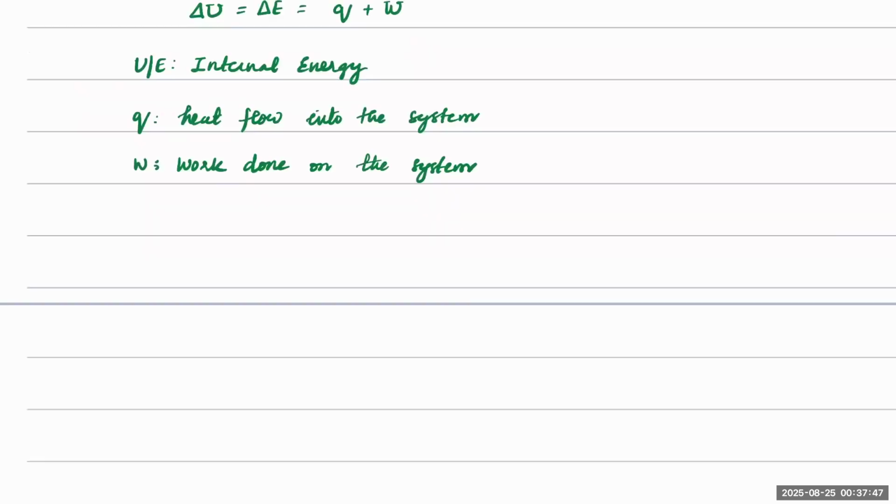I told you about internal energy. U or E. Internal energy change ΔE is equal to ΔU, which is equal to Q plus W. Now, here, internal energy consists of molecular translational, rotational, vibrational, electronic energies, everything.